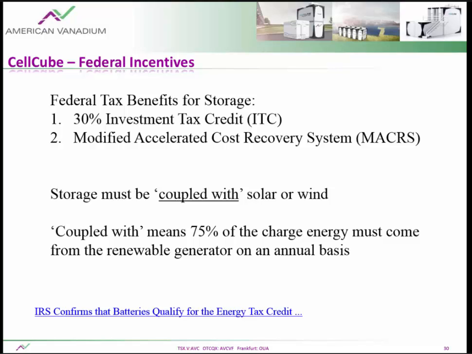It is charged primarily with solar or wind, limiting grid charges to 25%, again on an annual basis. Lastly, there's a link at the bottom that describes in more detail the tax credits and the accelerated depreciation, and the 75% requirement for storage properly coupled with solar or wind. That's a summary of the federal and the state incentives.